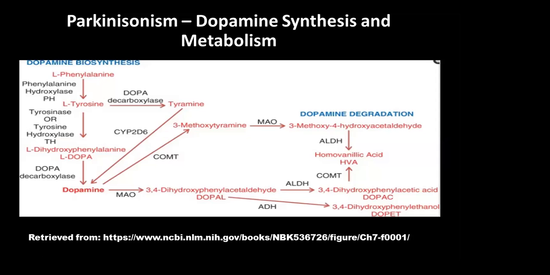For the sources of tyramine, we have wine, aged cheese, beef, so basically those fermented ones in general.